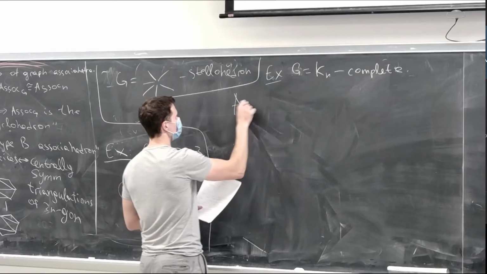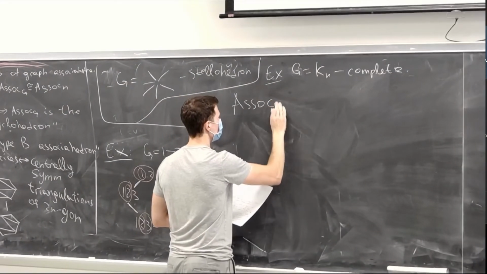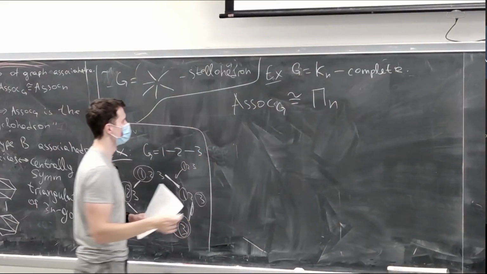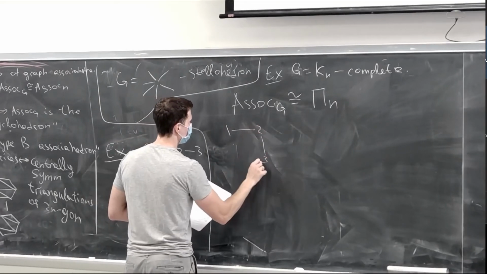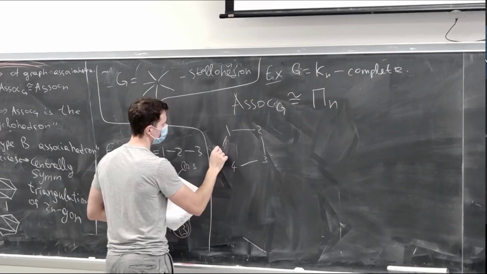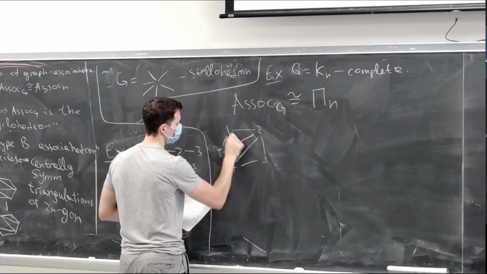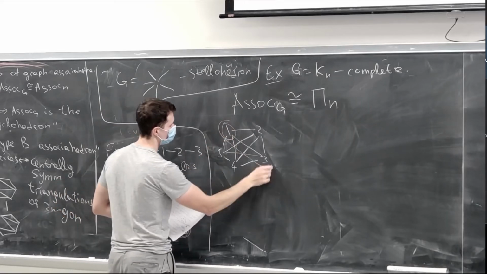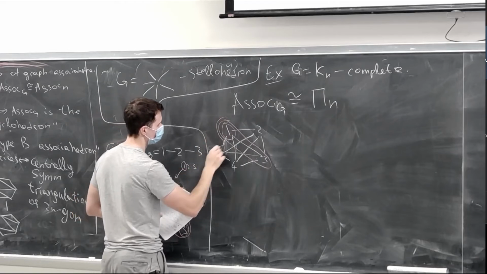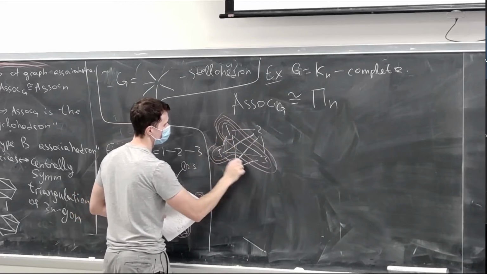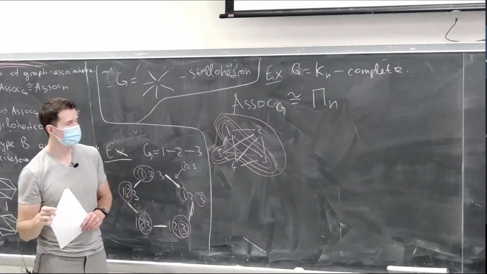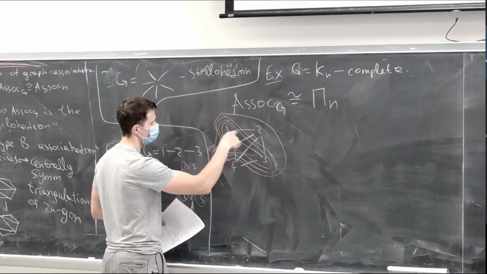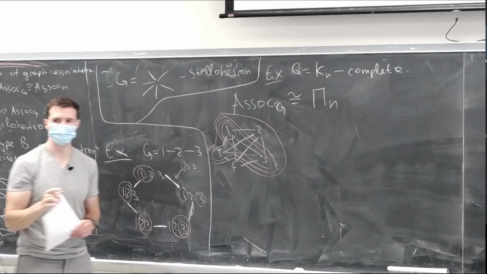Indeed, the corresponding G-associahedron is combinatorially equivalent to the permutahedron, because if you have a complete graph and you try to choose a maximal tubing, then you can choose any vertex, and then any 2-element set, and then any 3-element set, and any 4-element set. So maximal tubings correspond to permutations. Once you have chosen a vertex, you can't choose anything that does not contain a vertex, because then there are going to be adjacent tubes.